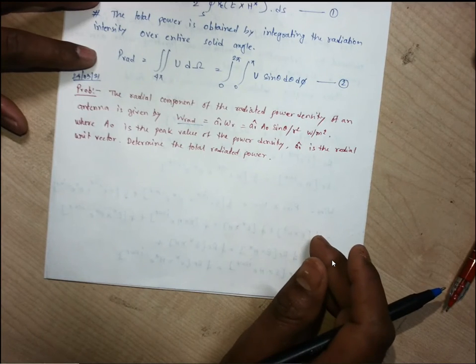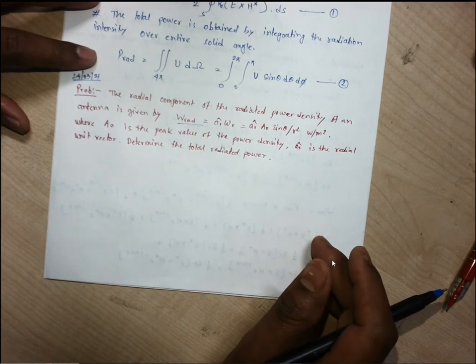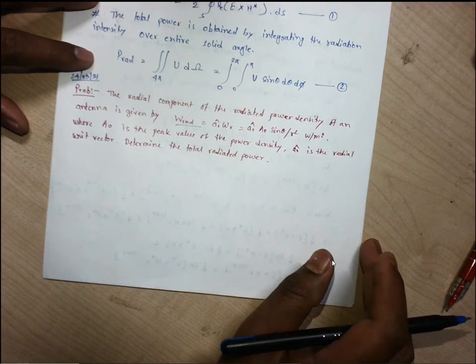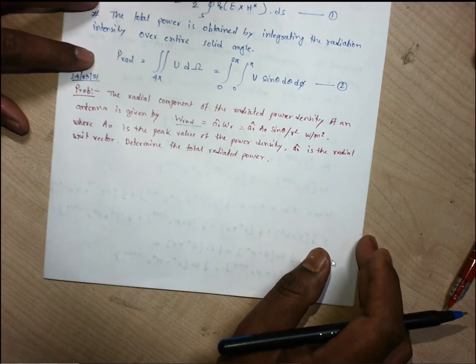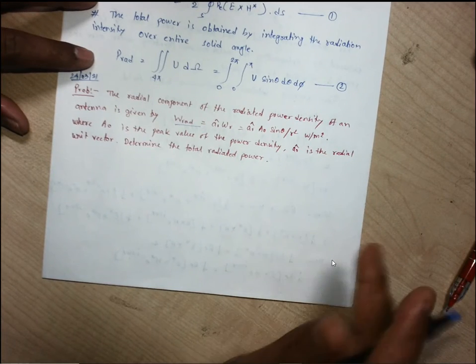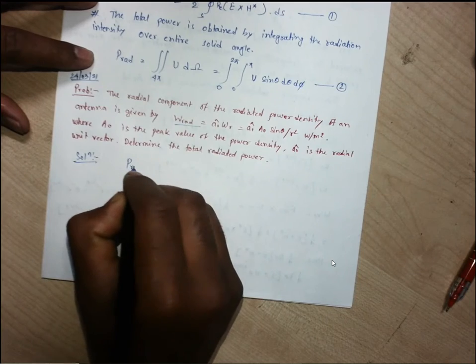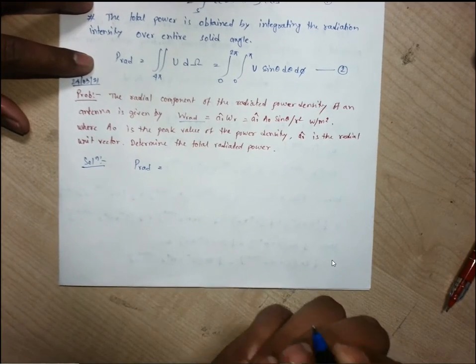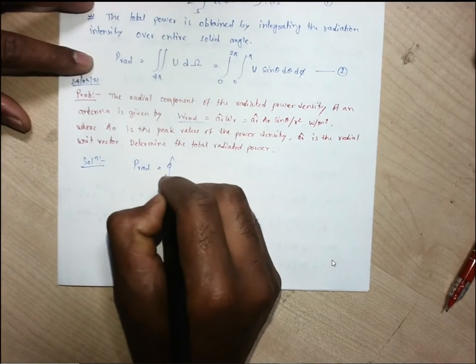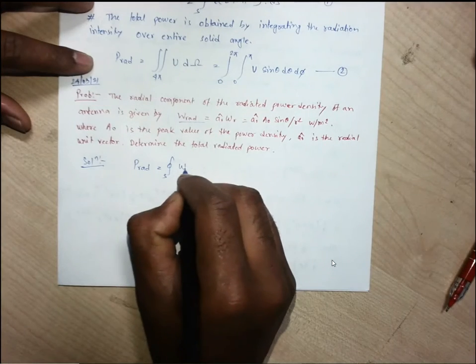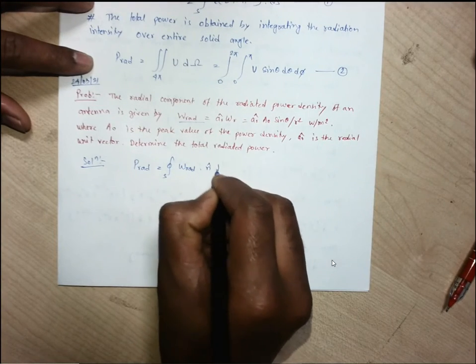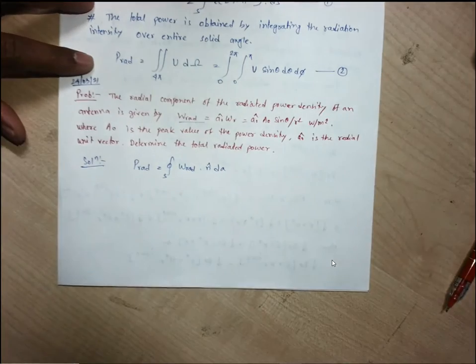As they have not mentioned the extent of this surface, by default we will take the whole spherical surface area. That is, P rad is the integral over that closed surface of W rad dot n cap dA, normal vector.